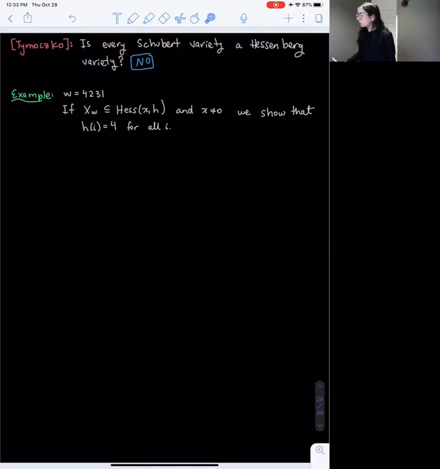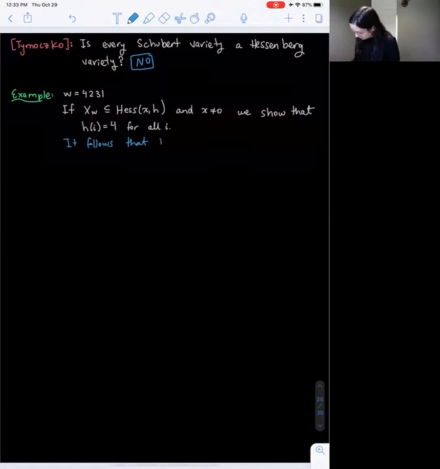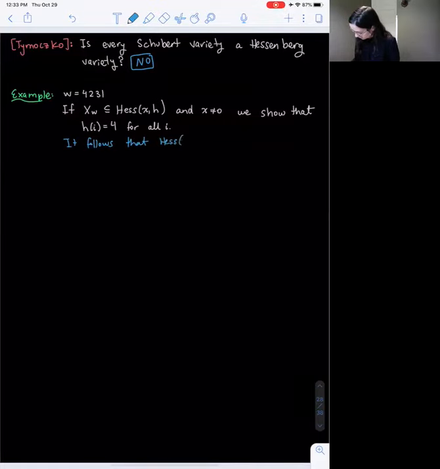I don't know if you remember, but that was our example 1, where we showed that from this it follows that the Hessenberg variety is the whole flag variety. So this already tells you that there is no way that a Hessenberg variety can be equal to this Schubert variety.